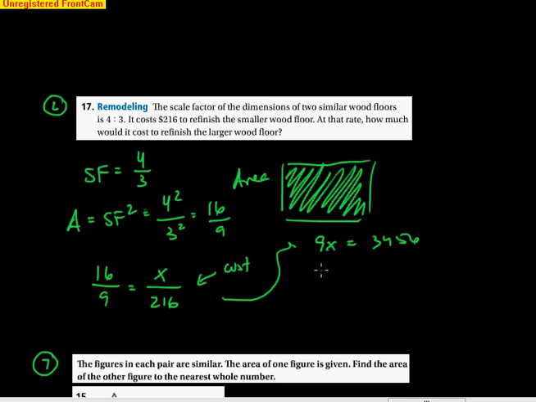And I'll divide that by 9, I get 384, and that would be dollars. So that's how much it would cost to refinish the larger floor. So again, you cannot just use the scale factor, you must use the scale factor squared.